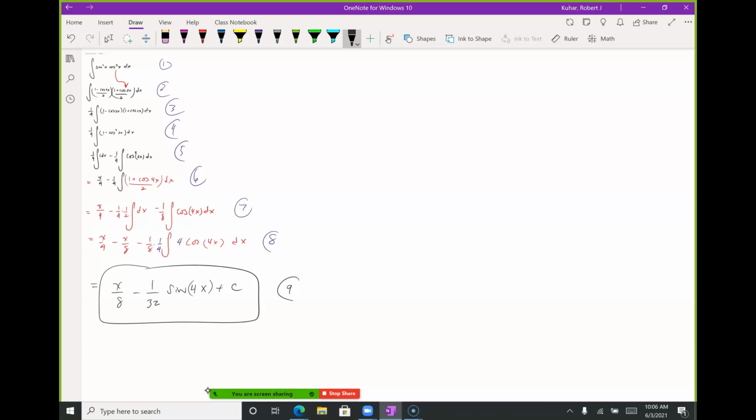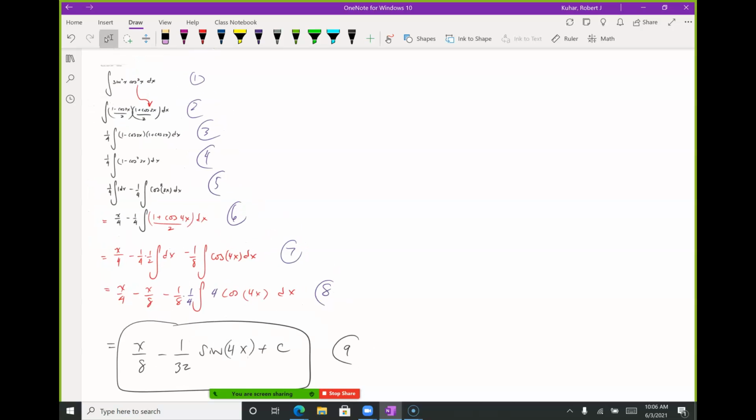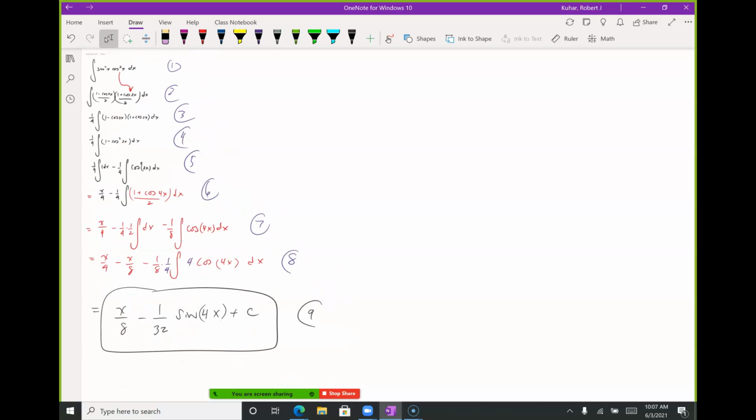How we doing? Robert, yes. What identity got me from cosine of 2x squared to 1 plus cosine of 4x over 2? What line are you looking at, please? The last two. Actually, I'm sorry, lines 5 and 6.